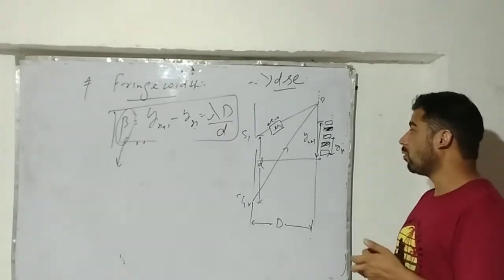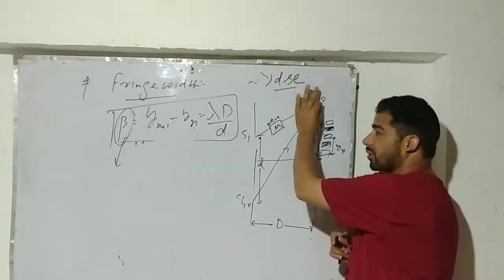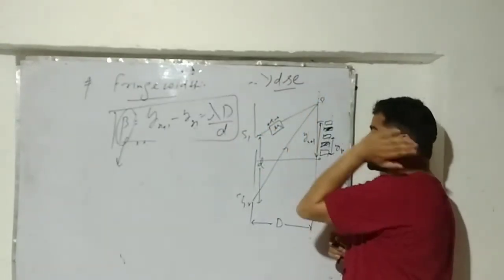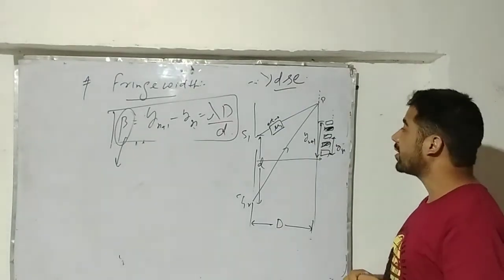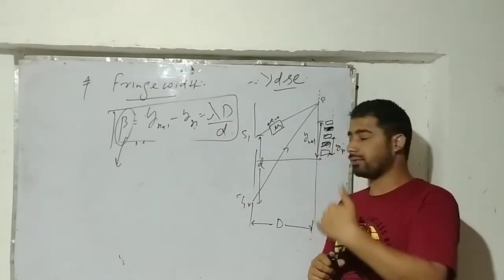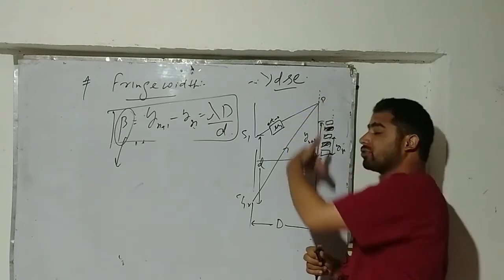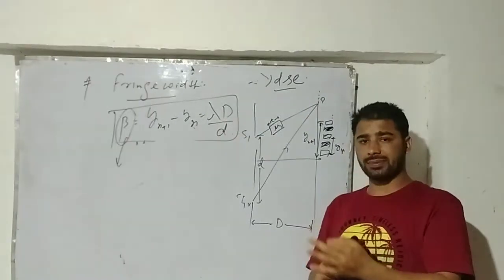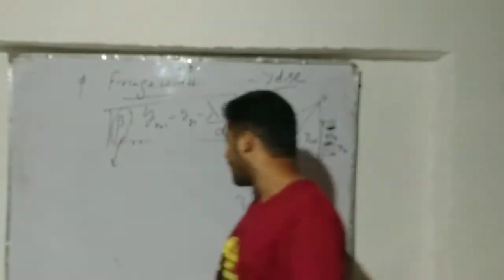The moment I remove the glass slab, I will have the position of the fringe. And then, if I place the slab in front of one of the slits here, what will happen to the position of the fringes? Will it be at the same position or will it be different? It is something that I need to look for. How can I do this kind of analysis?